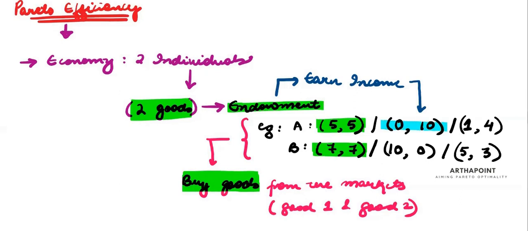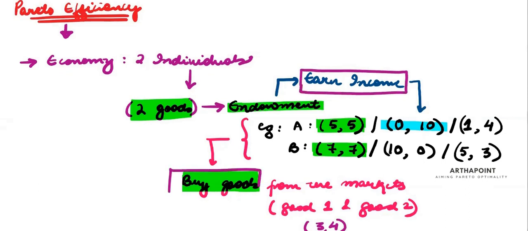But once he's exiting the market, he may exit with, let's say, 3 units of good 1 and 4 units of good 2. So once the individuals have earned income, they will buy these goods in some other amount.